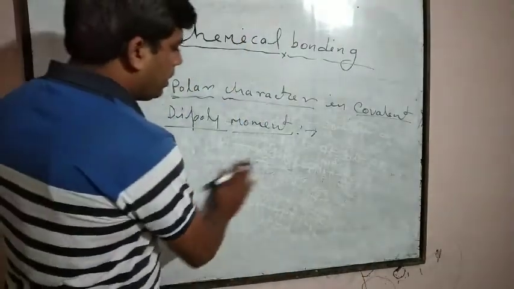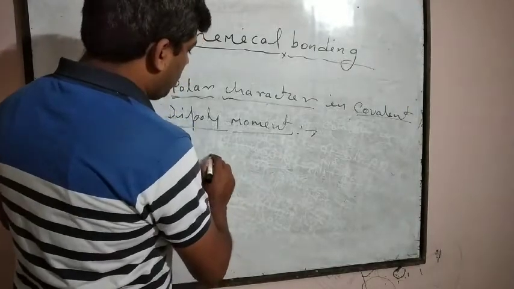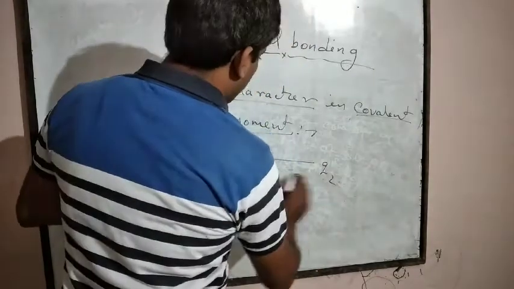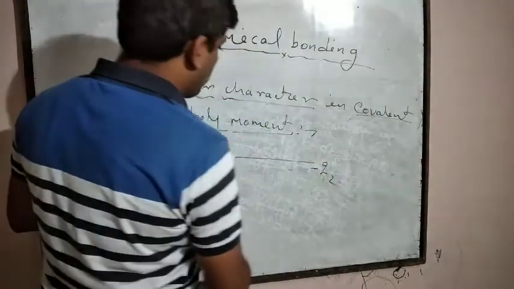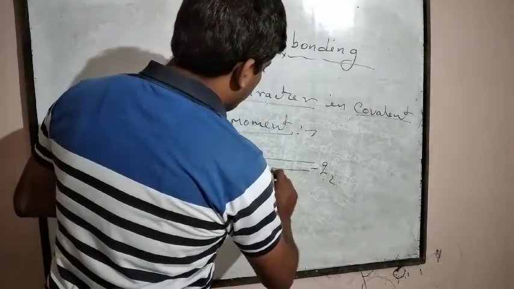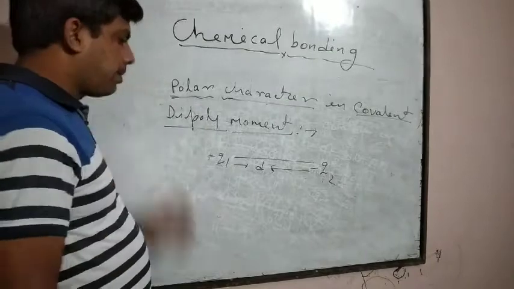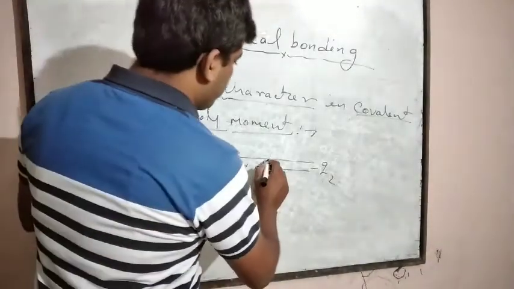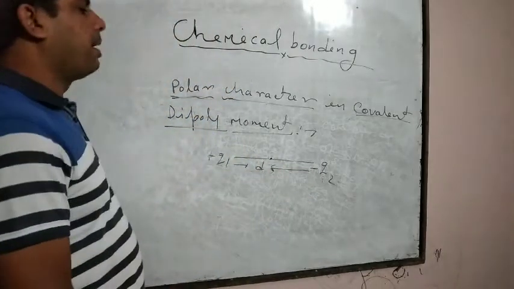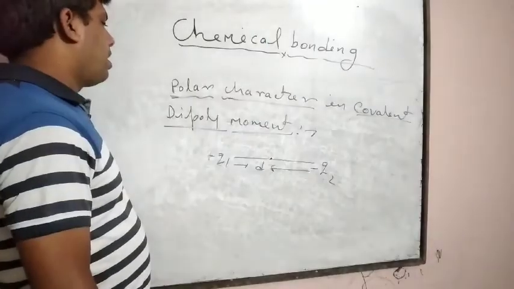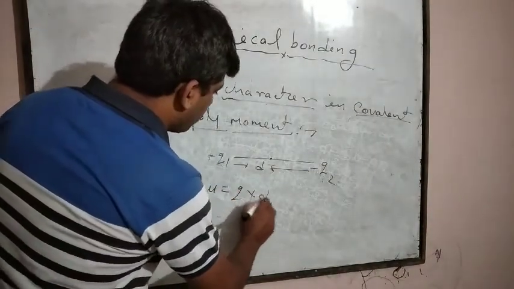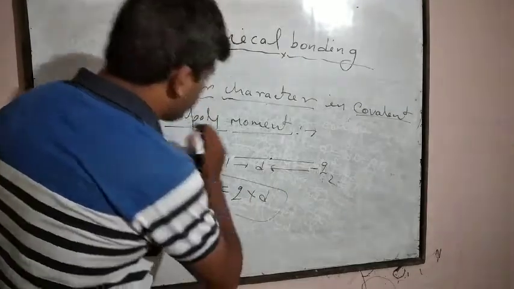For example, if two charges are taken like Q1 and Q2, and the distance between the two charges is d, then what happens? The dipole moment mu is equal to q into d.